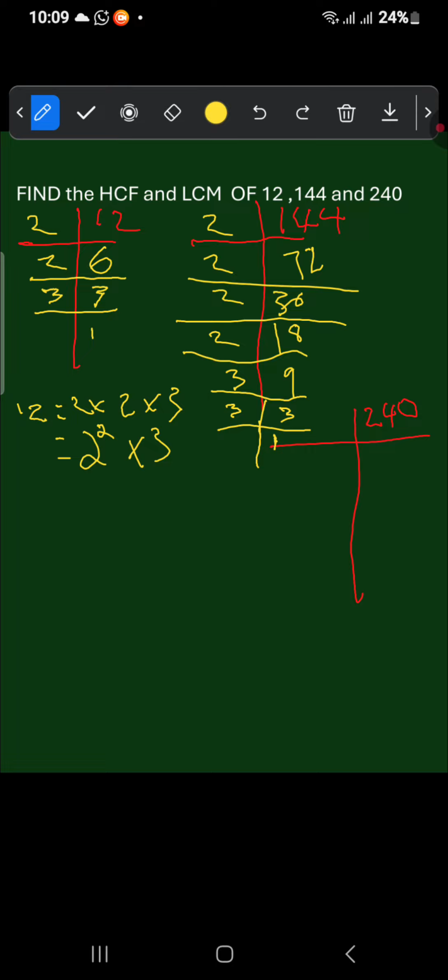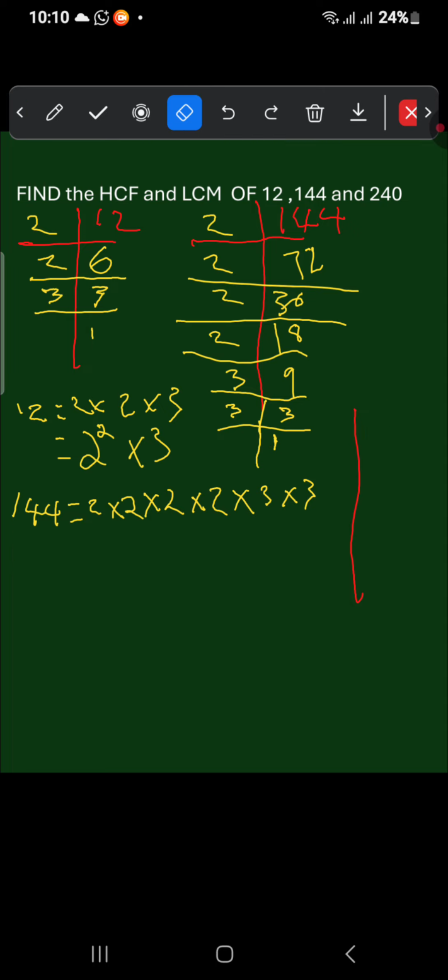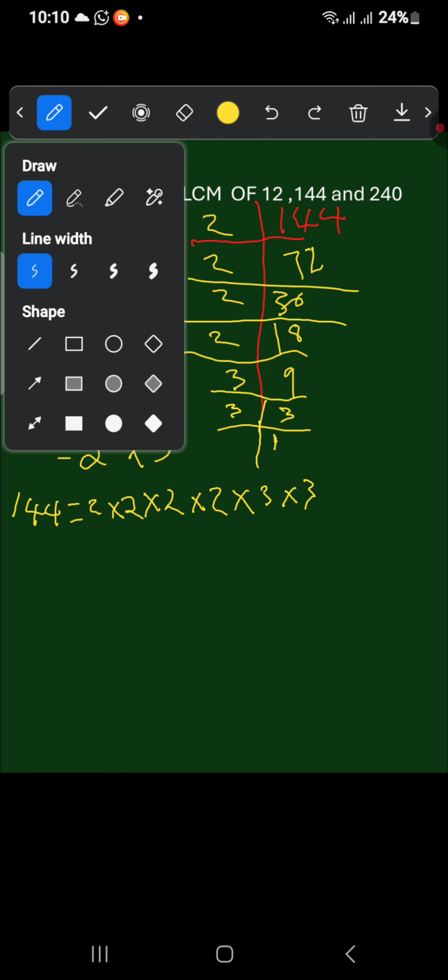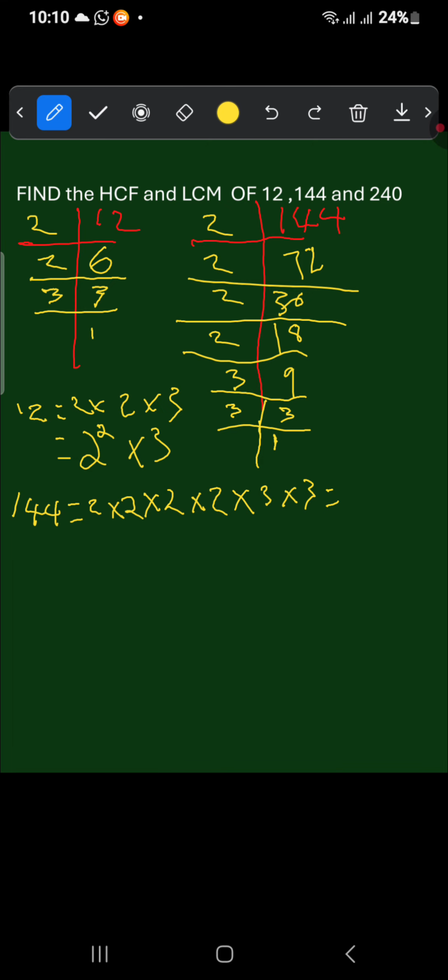So 144 is equal to 2 times 2 times 2 times 2 times 3 times 3, and that is 2 to the power 4 times 3 to the power 2.